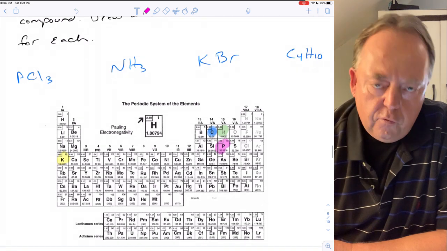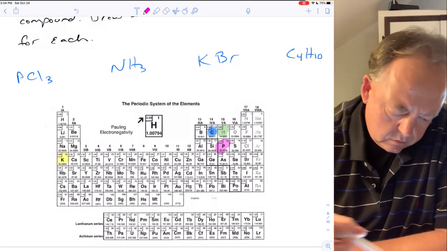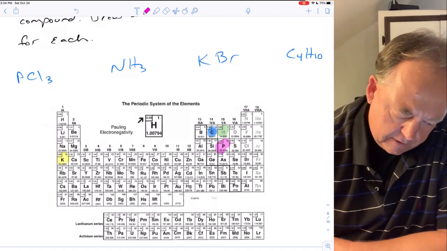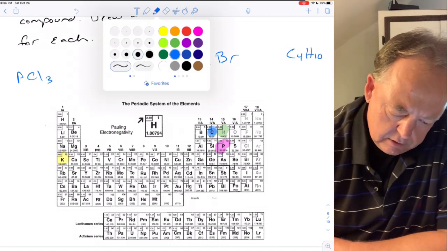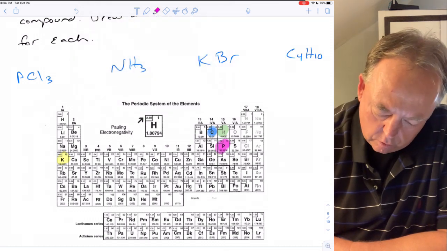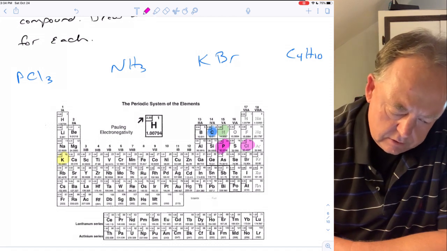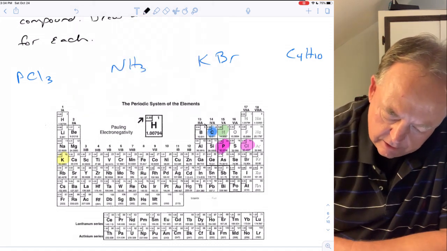So let's take these four molecules and predict, are they going to be ionic or covalent? Okay, so PCl3, so phosphorus is here in the periodic table, and then it's attached to chlorine. If you remember where your metalloids are, metalloids are here.